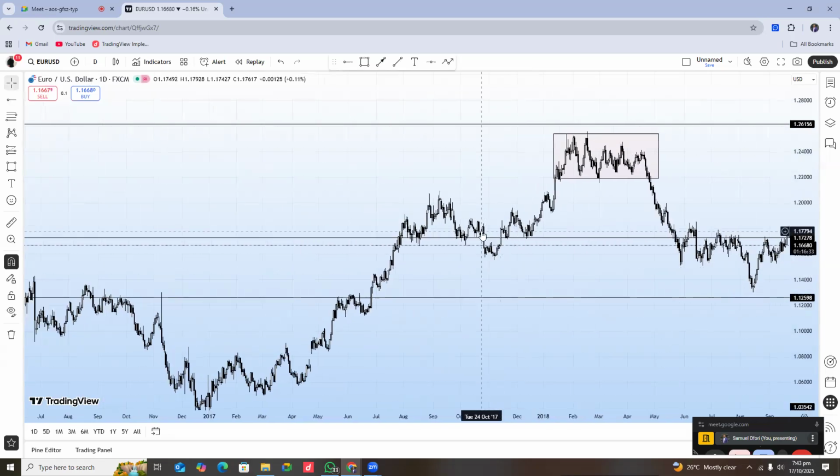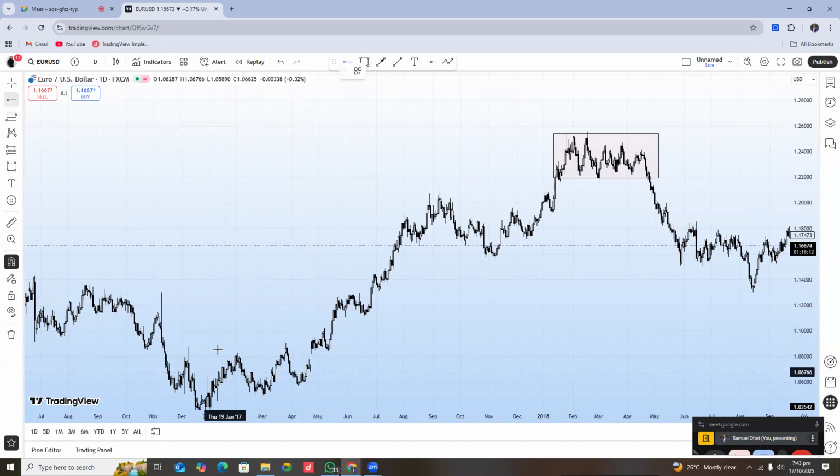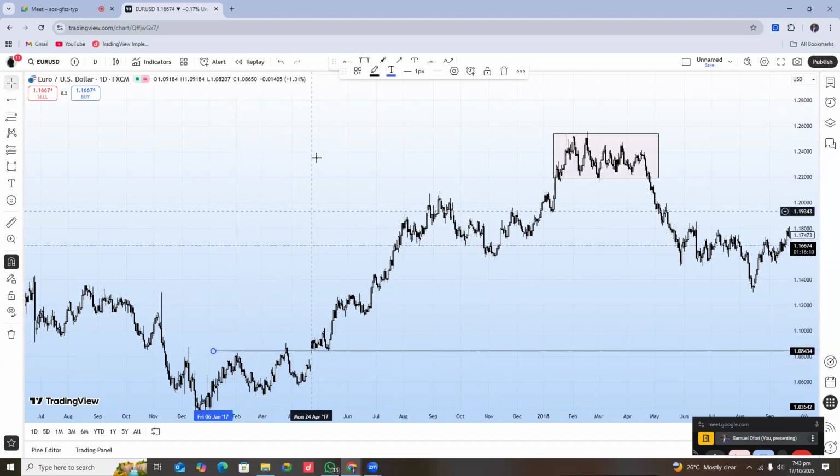All right. So we were looking for an uptrend. We're looking for a market that is going up. And over here, you can see that the market is going up. So what do we look for? The higher highs, right? Higher high, higher low, higher high, higher low. Good. So let's go. I have my higher high here.